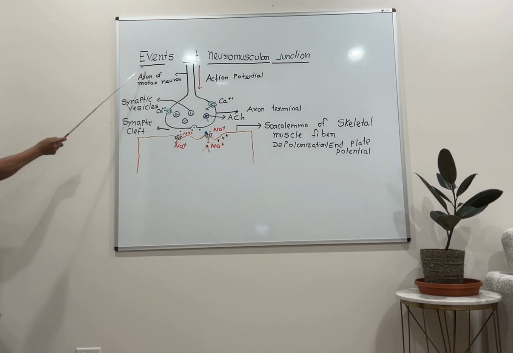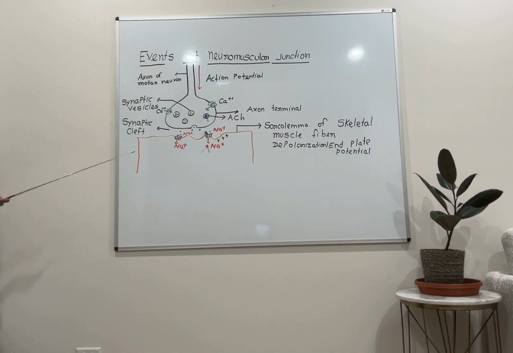So these events at neuromuscular junction are occurring in our body 24 hours a day throughout our life. For example, we are breathing. Our diaphragm is contracting and relaxing. So those events are occurring at neuromuscular junction.